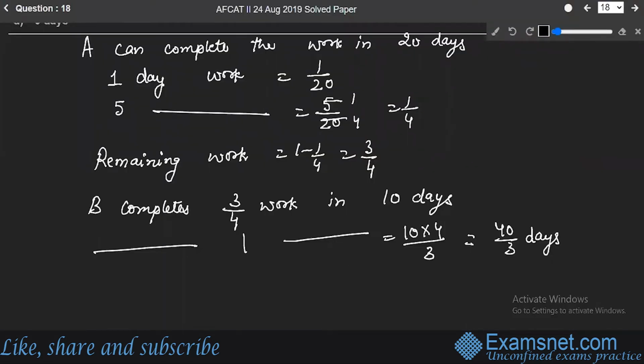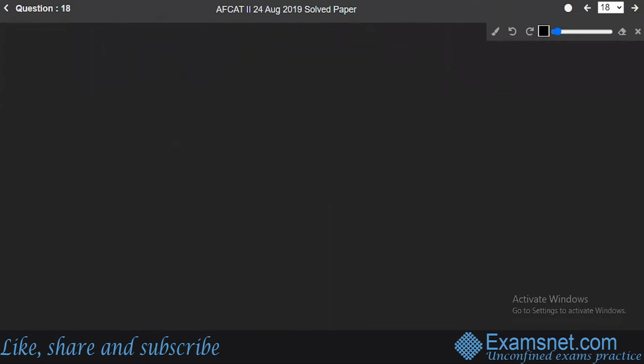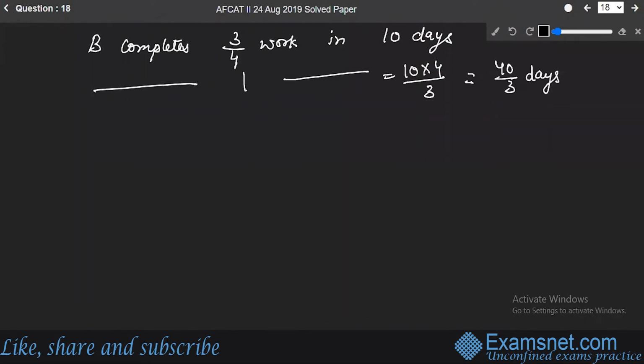So you have to calculate. A's work in 1 day was, A completed the work in 20 days. So A's 1 day work was 1 upon 20, and B's 1 day work was 3 upon 40.